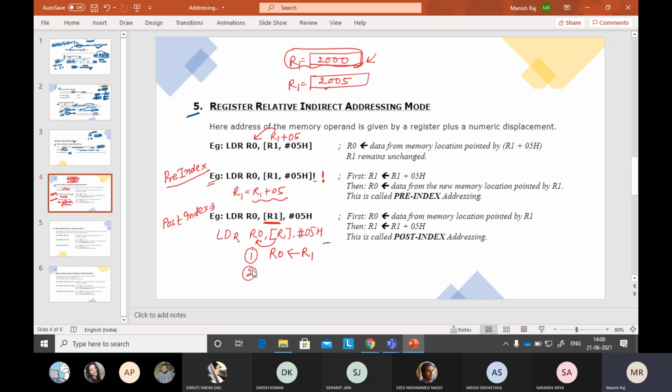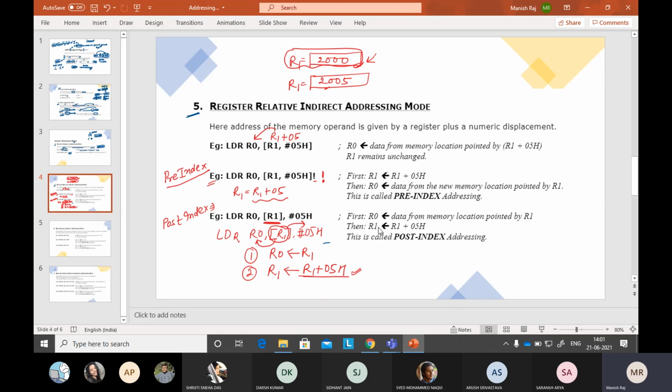After that, R1 will get the address of R1 plus 05H. So first it will reach R0, it will provide its address first. After that it will increment. Now the value of R1 becomes R1 plus 05.